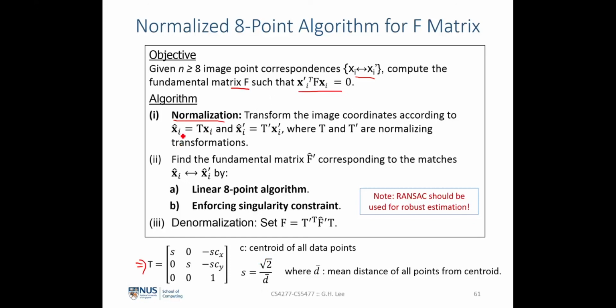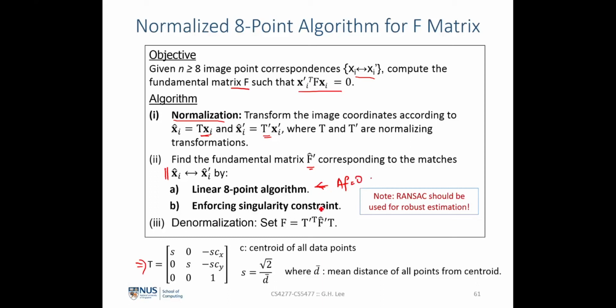Once we have transformed every point by this normalization transformation, we can compute the fundamental matrix, which is F prime hat, from the normalized image correspondences using the linear 8-point algorithm, so this is simply solving AF equals to 0.